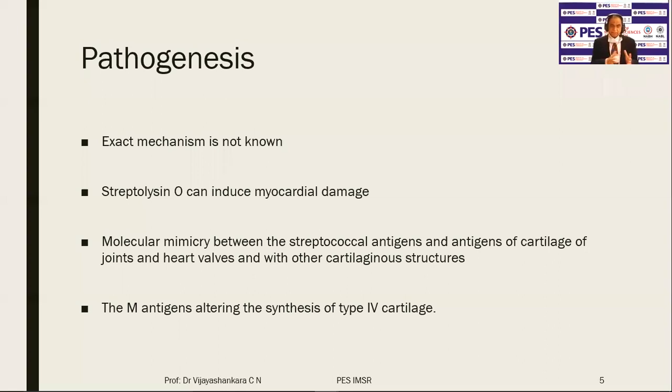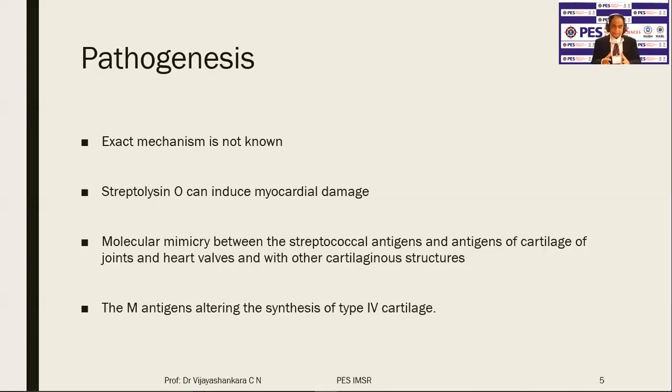But this may not be the exact pathogenic mechanism, because by the time the child develops acute rheumatic fever, streptolysin O is no longer present as an enzyme; the anti-streptolysin O has already been produced and the streptolysin O is cleared off.